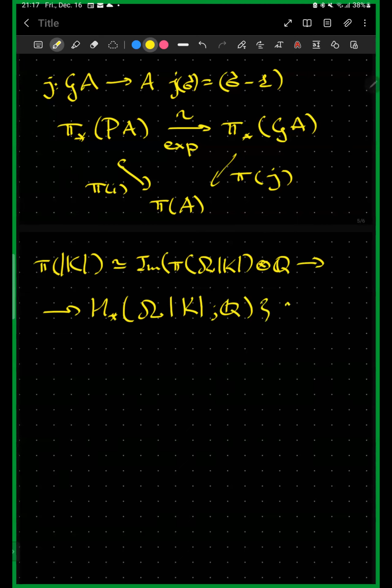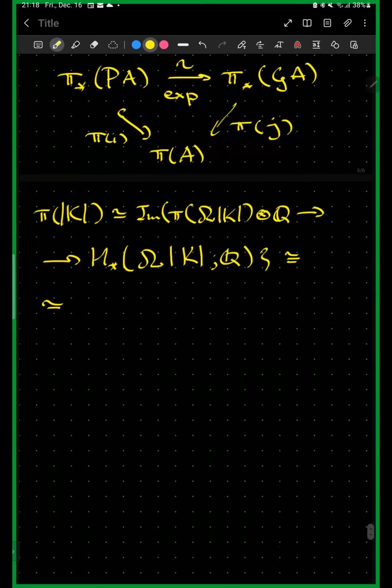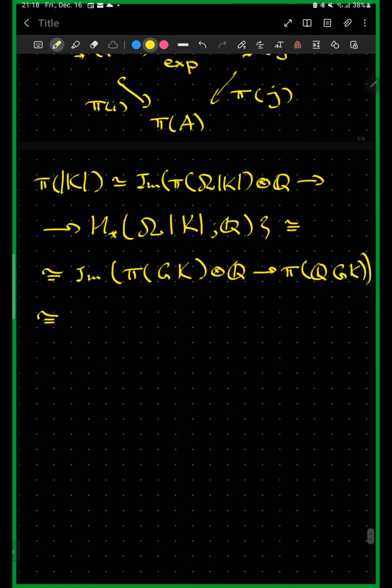Then this thing is isomorphic to image of homotopy Lie algebra on simplicial loop space inside of homotopy groups of simplicial Hopf algebra corresponding to this simplicial loop space.